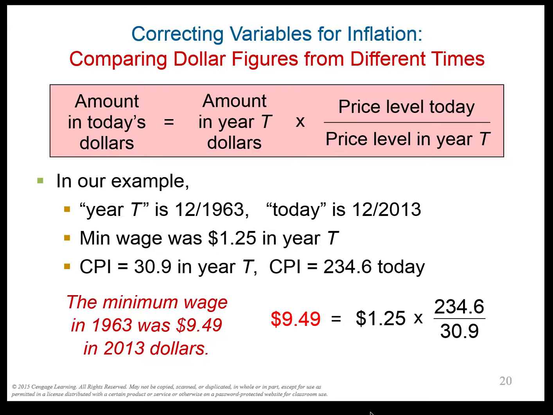Okay, we're always thinking about real variables. We don't really care about nominal variables. Everything's reported in nominal variables, but then we have to change it to what we really care about, which is real variables. All right, so the real minimum wage in 1963 was $9.49. Okay.